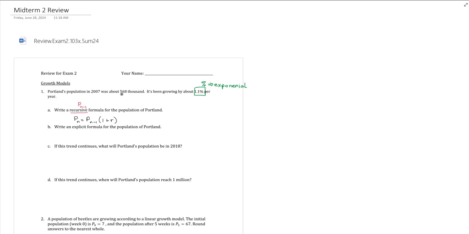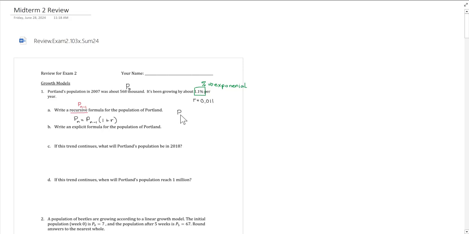Well, the 568,000 is the initial population, and the 1.1% is my rate, which I'm going to write as 0.011 when I write it as a decimal to plug into my formula. Since my recursive formula doesn't involve the initial population, all I need to do is replace r with the rate.